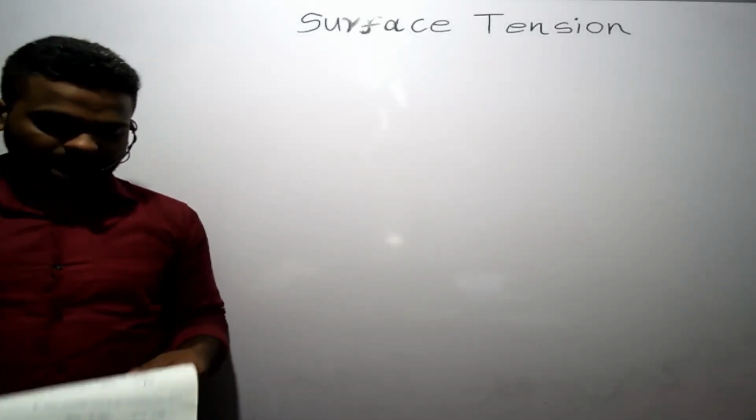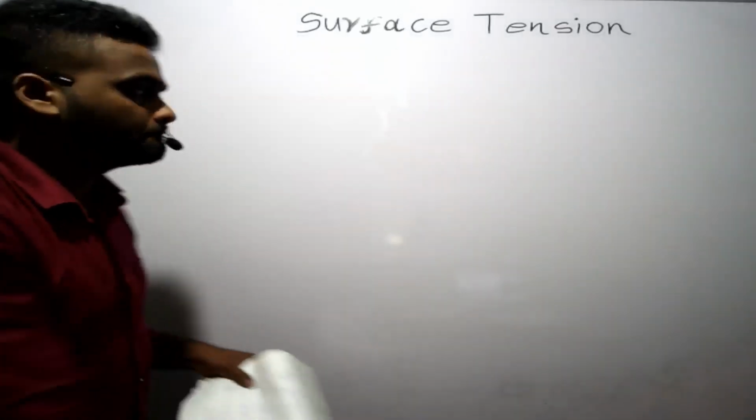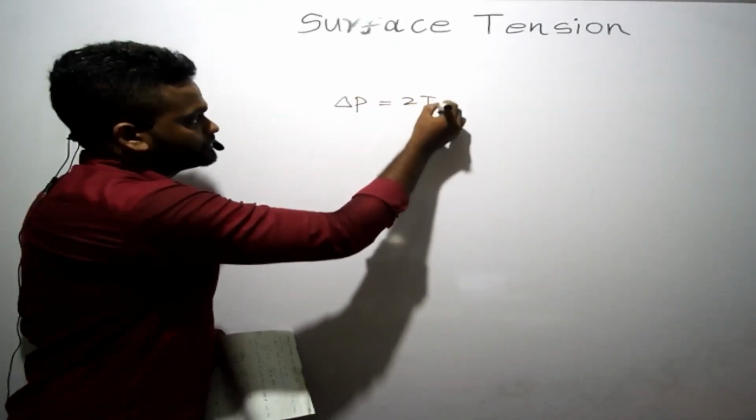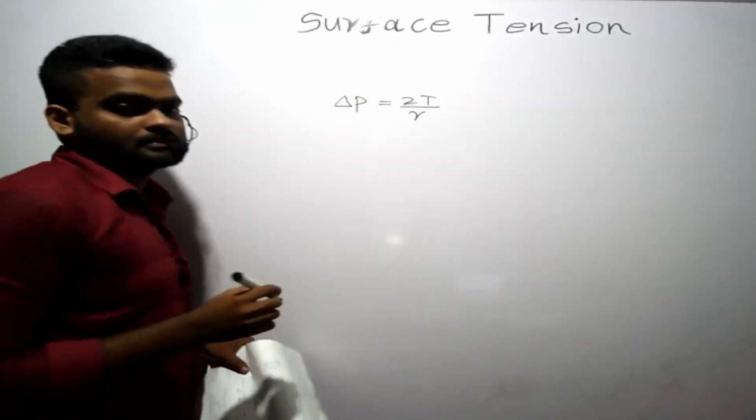Okay, quickly find that. So what's the equation? Delta P equals 2T divided by R.